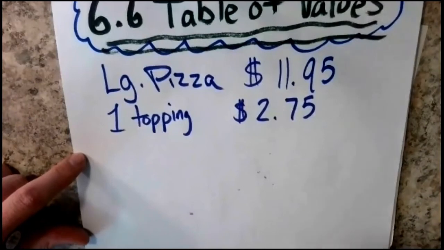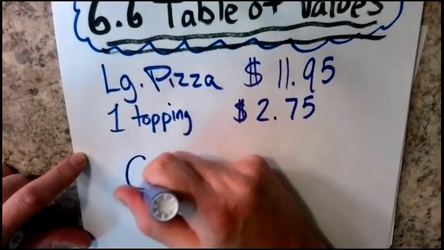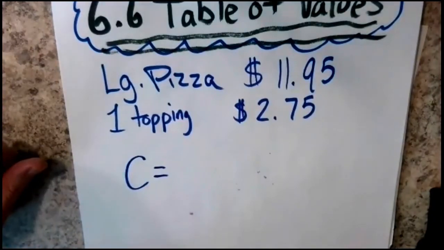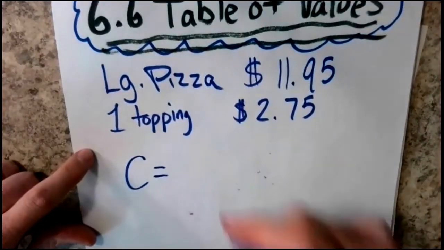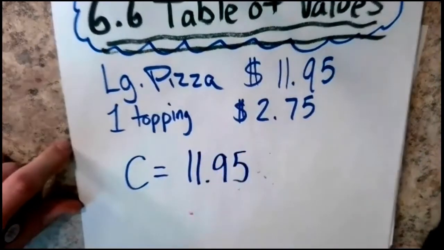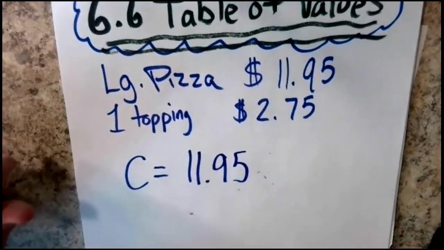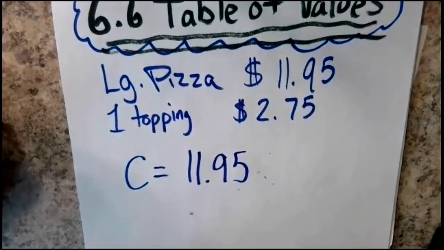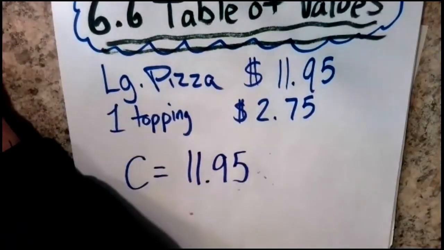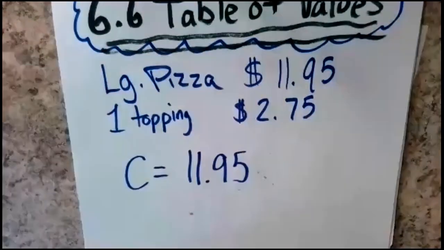So here we go. The cost of our pizza is equal to, well, we know that a large pizza is $11.95. So that is never going to change, right? But the thing that will determine the eventual cost is how many toppings we choose to put on that pizza. So we know the cost is $11.95 for the base price of the pizza.